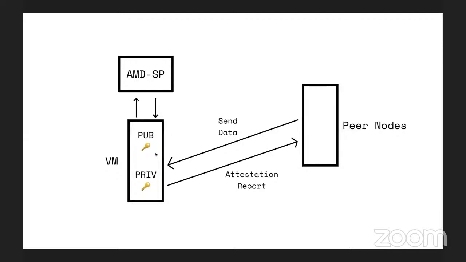And in our case, the node would request this attestation report and send it along to the peer nodes within the network, who then, once verifying that using AMD's public keys, which are open and on the internet, can accept that the node is running securely, accept it into the network and start sending data back and forth. That's the approach that we use for verifying that a node is running in a secure environment first.